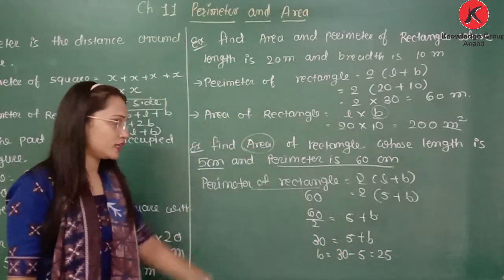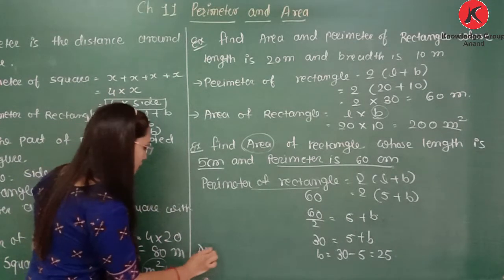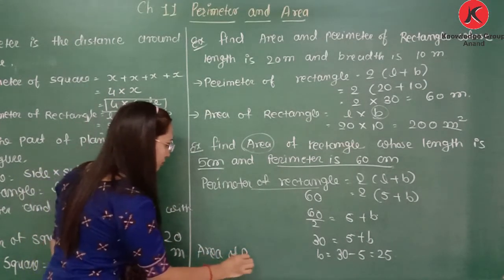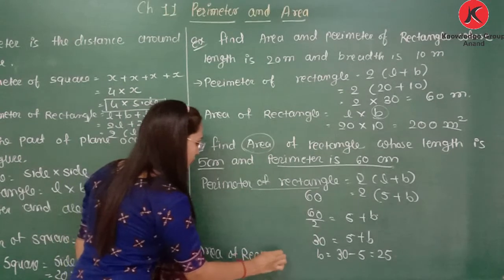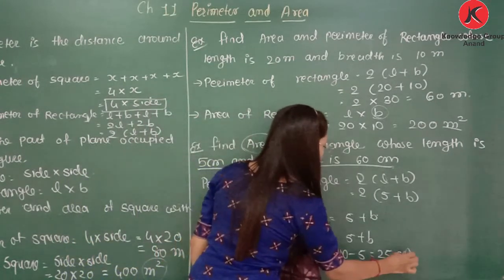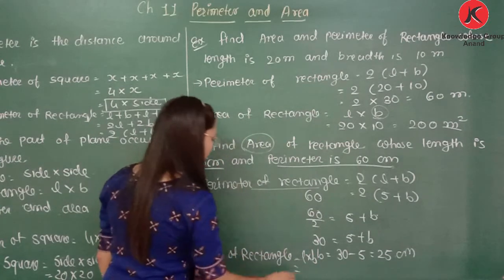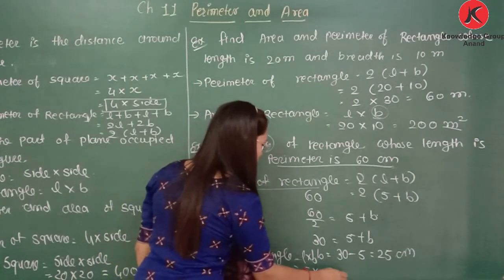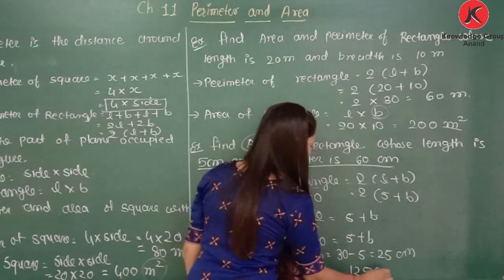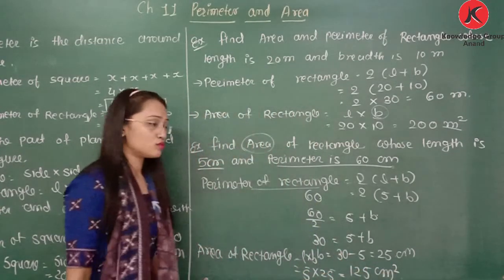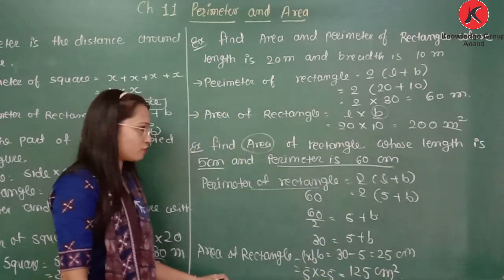So B we get 25 cm. Now area of a rectangle is L into B. Length is given as 5, B we found is 25. So it is 125 square centimeters. Yeah, so this way we can find the area of a rectangle.